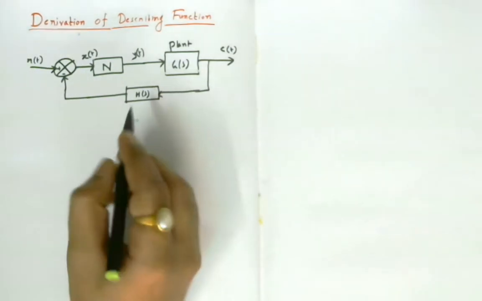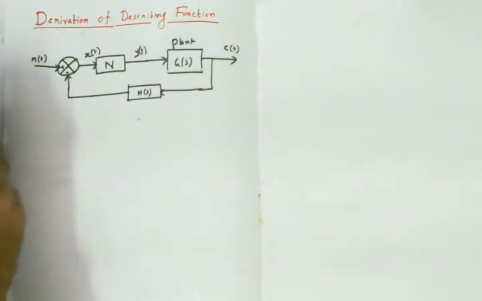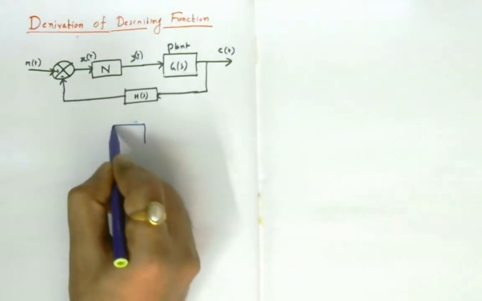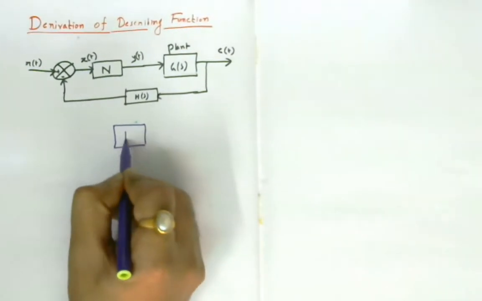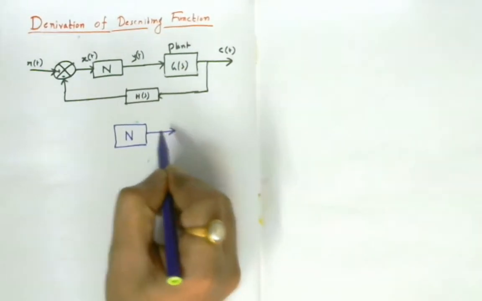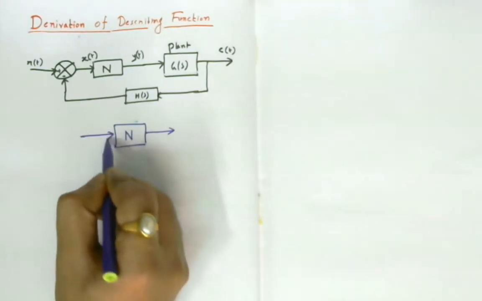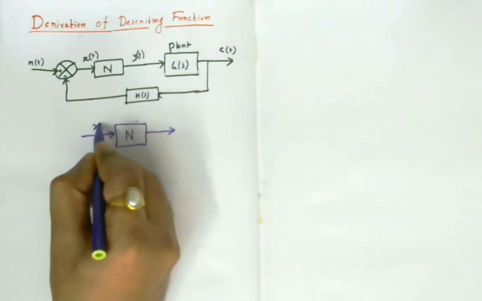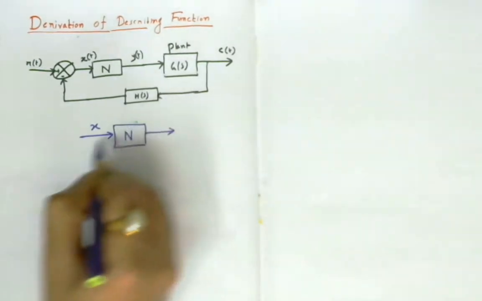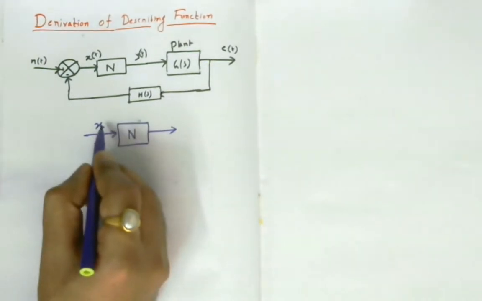Now, let me draw this block separately. Say this is x(t).